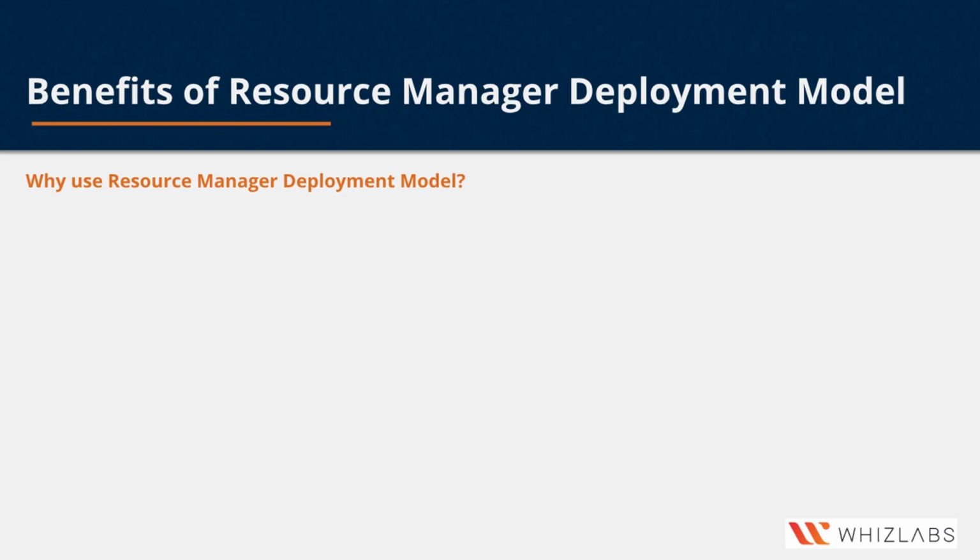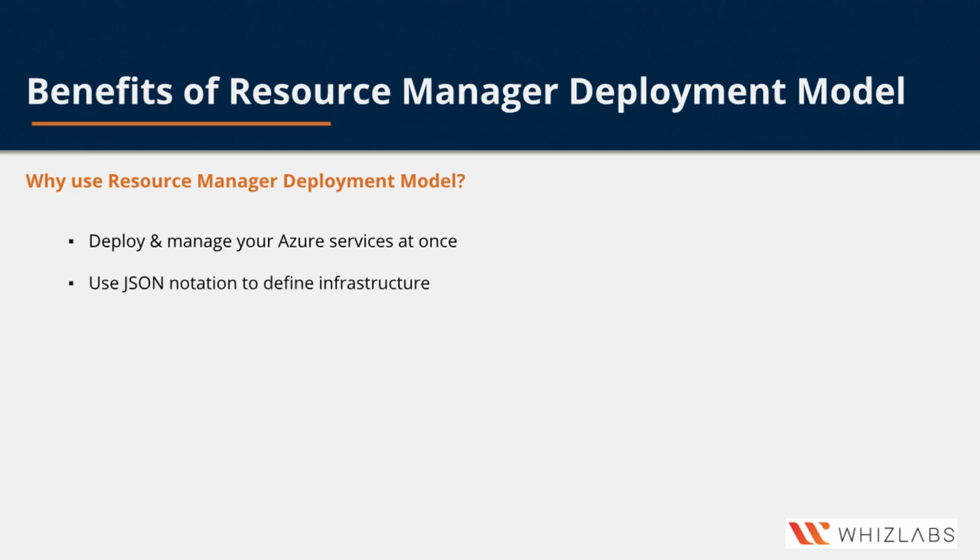Let's look at some of the benefits of the Resource Manager deployment model over the classic model. As discussed, you deploy, manage, and track all the resources for your solution as a group rather than managing them individually. In a simple template file, you can use JavaScript Object Notation, or JSON, to define the infrastructure for your solution.